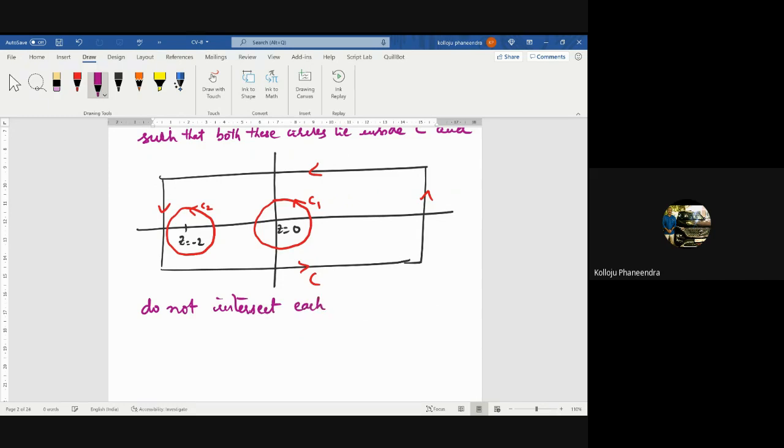Now this is the domain D, the entire domain. This is the rectangle. Now, when I consider these two circles, the domain D is bounded by what?